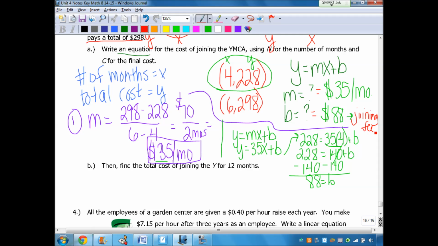Now, the question though says to find it using n for the number of months, and c is the final cost. So here, the number of months we said was x, but it's really n. And here, the total cost is y, but it's really c according to what it tells you. So normally, we would write out the equation as y equals 35x plus 88.